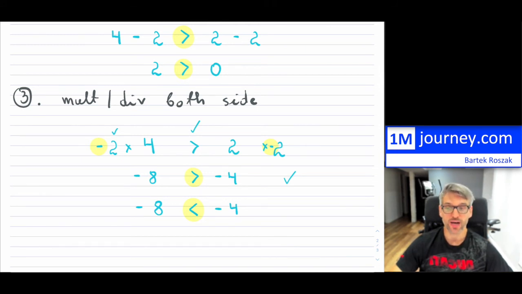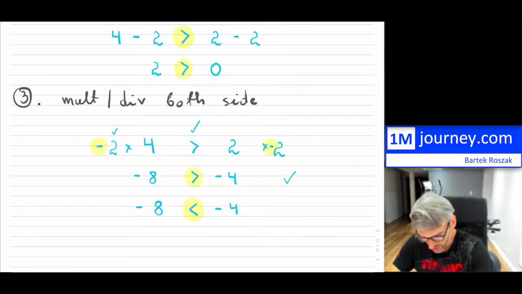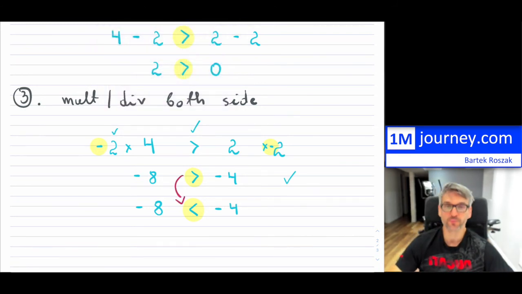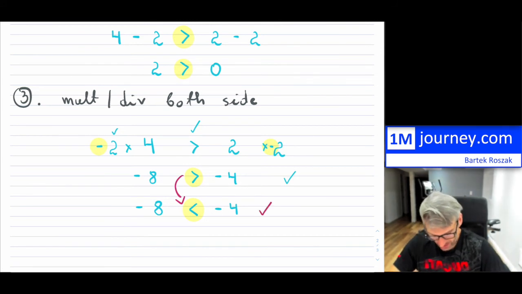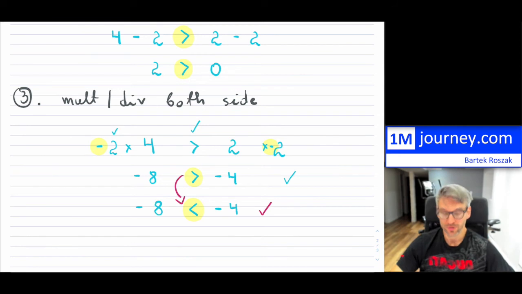So whenever you're going to multiply or divide both sides by a negative, you're going to have to swap your inequality. Because that is true, but this clearly is not true.